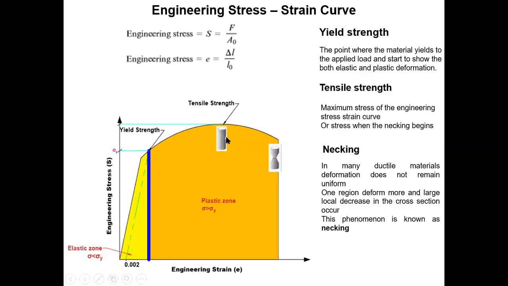There's a reduction in cross section. It's visible. So the point where it shows this necking, we call the tensile strength of the material. That is the maximum stress of the engineering stress strain curve. If somebody asks you to find the tensile strength from a graph like this, if you get the maximum point of the stress strain curve, then it is the tensile strength.